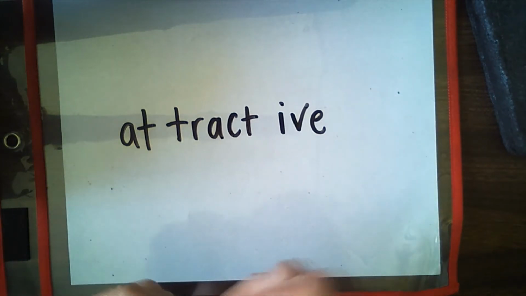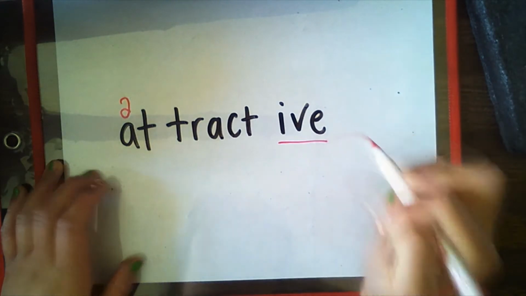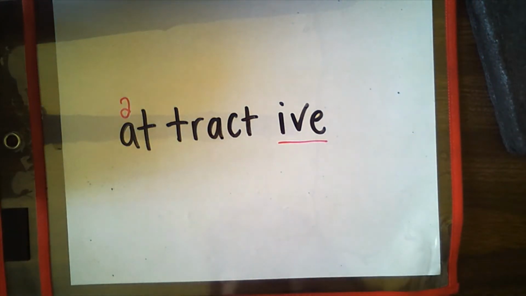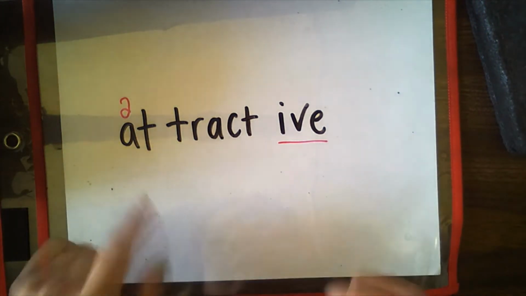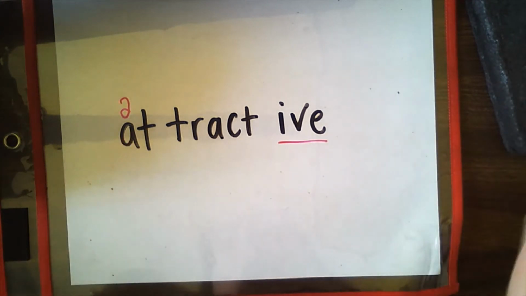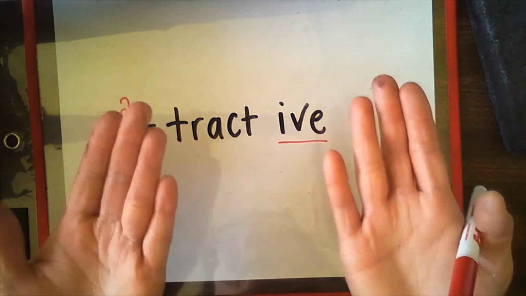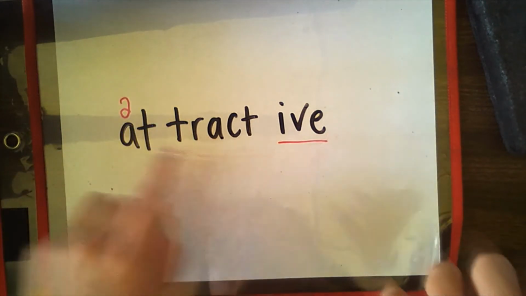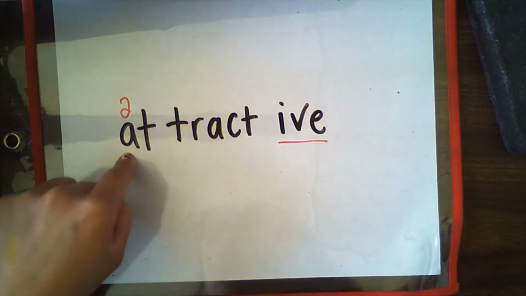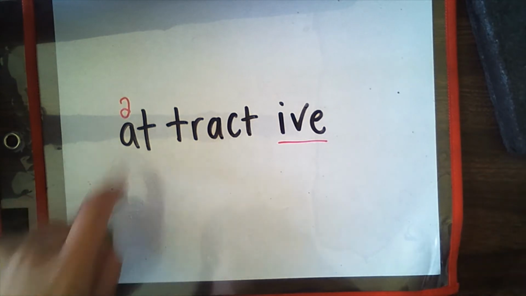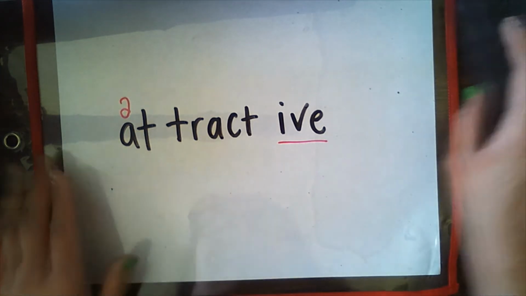That's what we call a schwa. And then we also have our irregular sight syllable there. So, remember, it's a schwa because it doesn't sound like its normal short or long vowel sound. A usually only sounds like its short or long sound. But in attractive, the sound changed, and that's what we call a schwa.